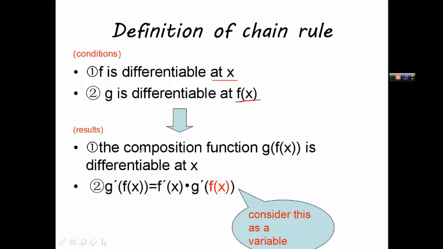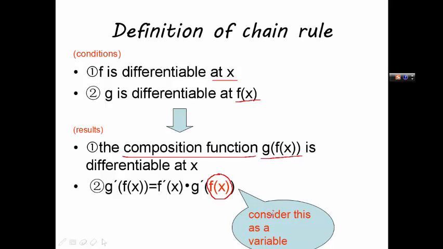The composition function g(f(x)) is differentiable at x, and its derivative equals f prime x times g prime f(x), which is the derivative of a composition function equals the derivative of the inside function times the derivative of the outside function. And pay attention to f(x) here.